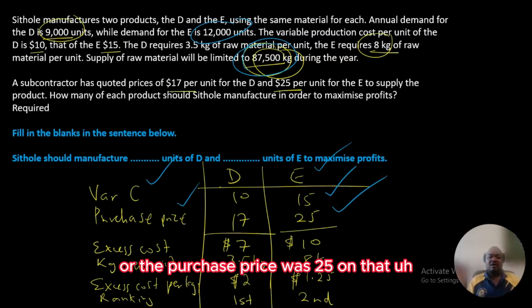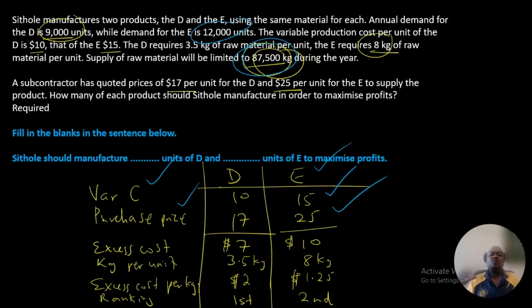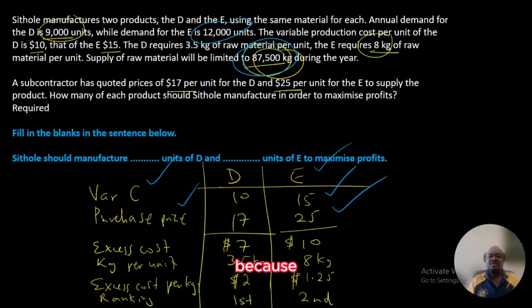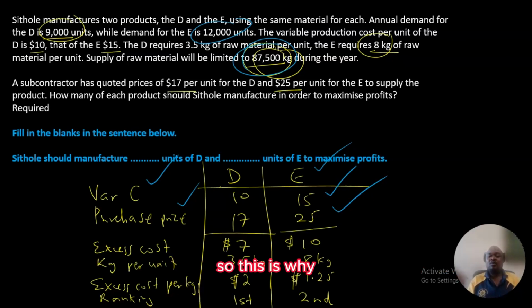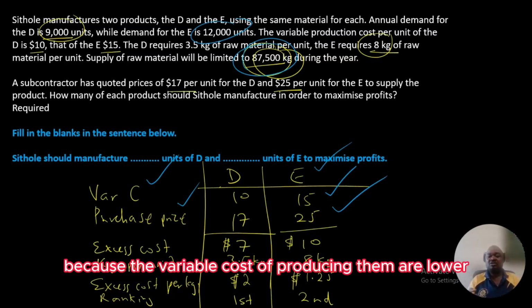On that basis only, it means that we cannot rush the decision to buy from outside. Why? Because the variable costs were lower than the purchase price. So this is why we then need to manufacture some of the quantities in-house, because the variable costs of producing them are lower.